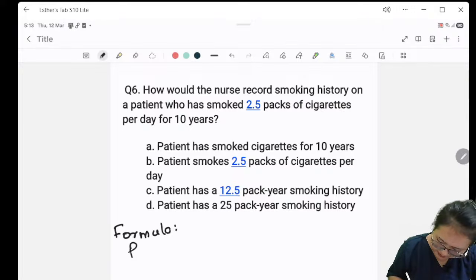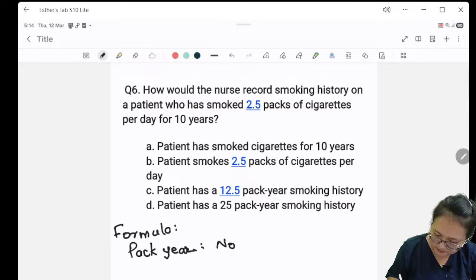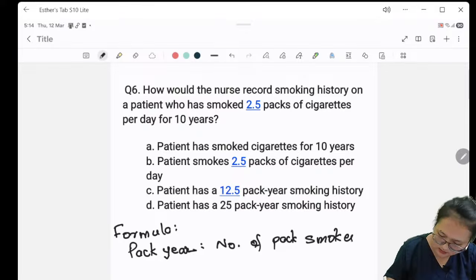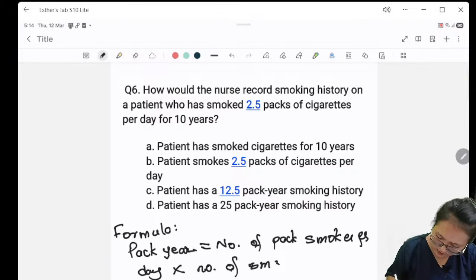Pack years equal to number of packs smoked per day into number of years smoked.